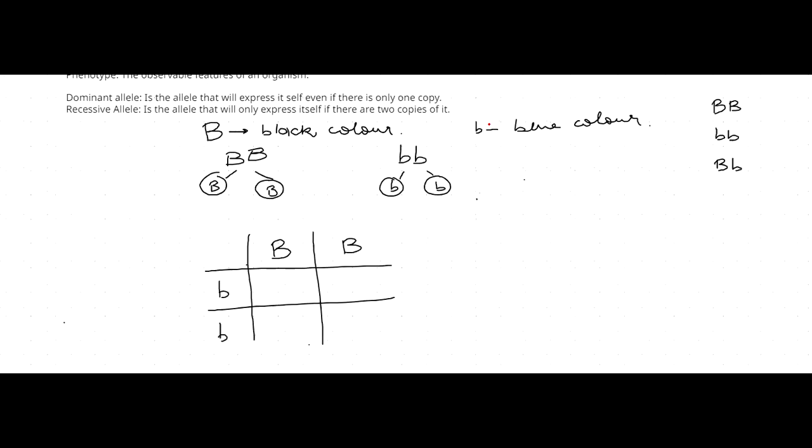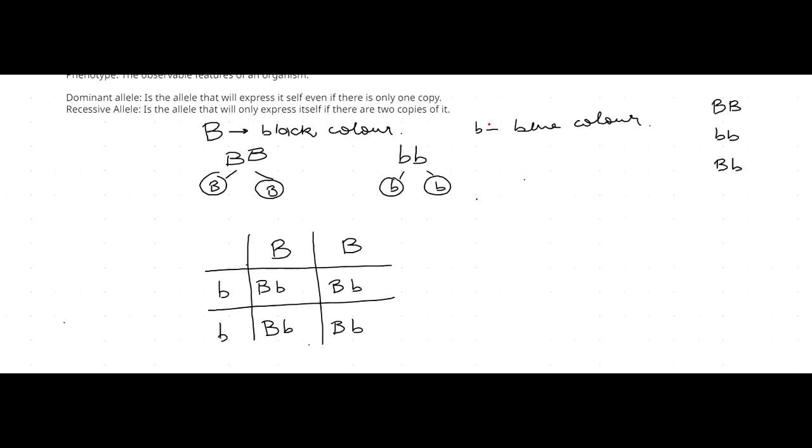Now, the offspring is going to get one allele from either parent. So, they will get a capital B from the father and a small b from the mother, in every block.